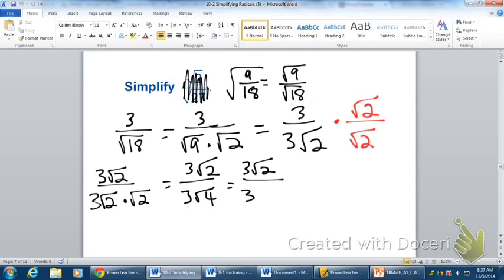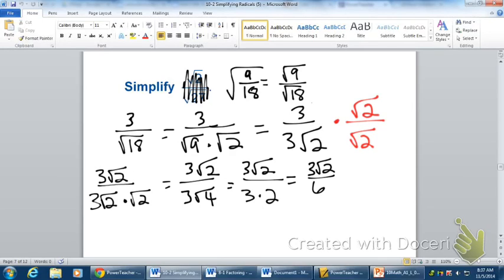So we figured out that the square root of 4 is just flat out 2. So now I'm going to multiply 3 times 2 in our denominator, and I'm going to get 6.